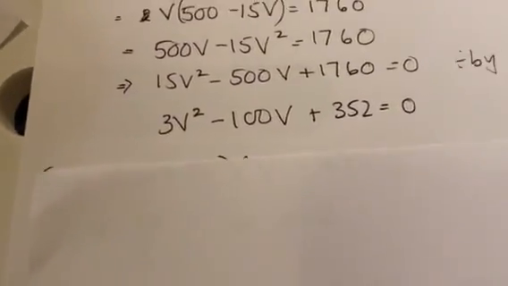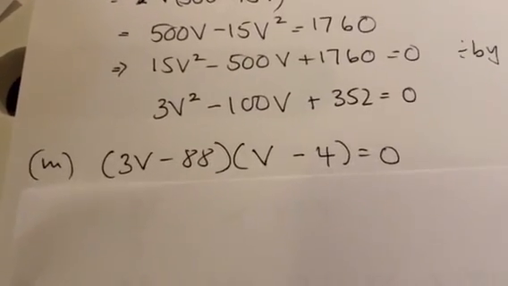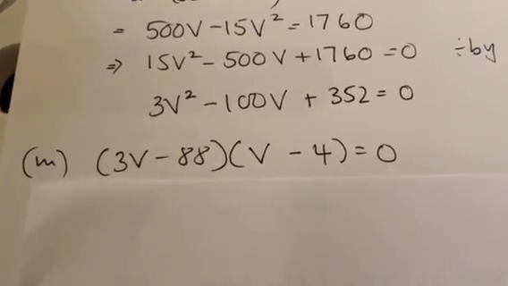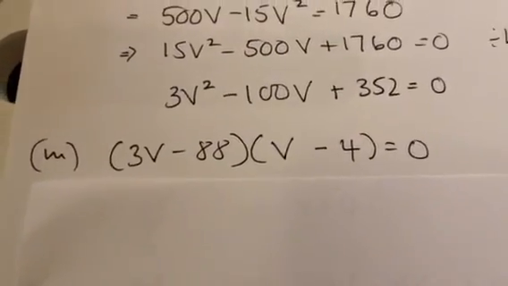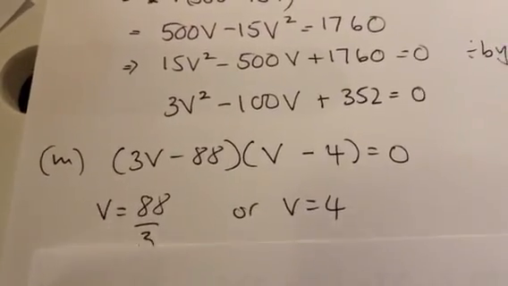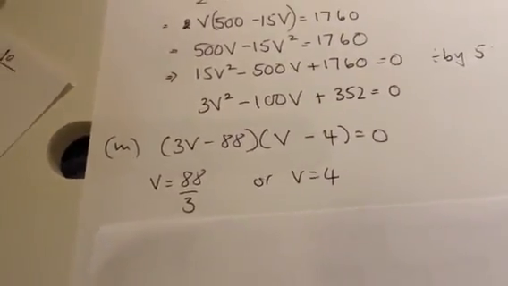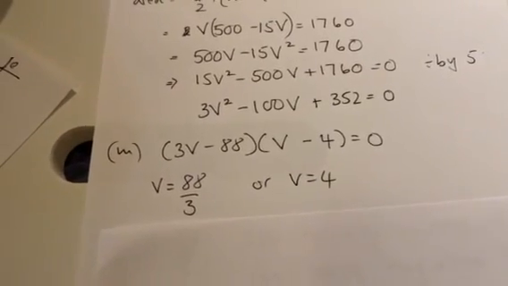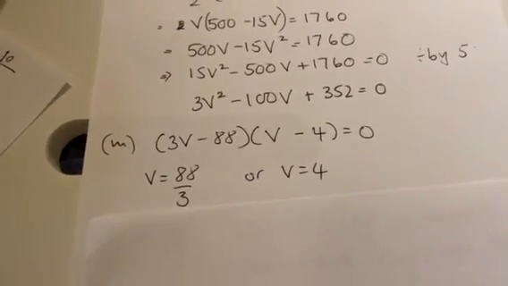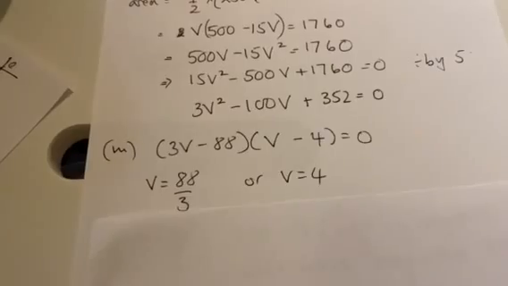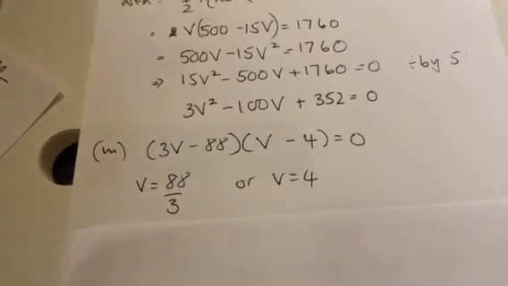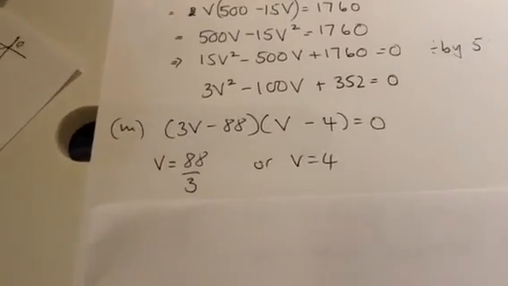You're now going to solve this quadratic. They're not bothered how you solve that. You haven't got to show detailed reasoning. So I've factorised it and I've used my calculator. I've got 2 values for V, 88 over 3, which is about 29 and 1/3, and V equals 4. Only one of these is going to be valid, and you're going to have to justify this answer.